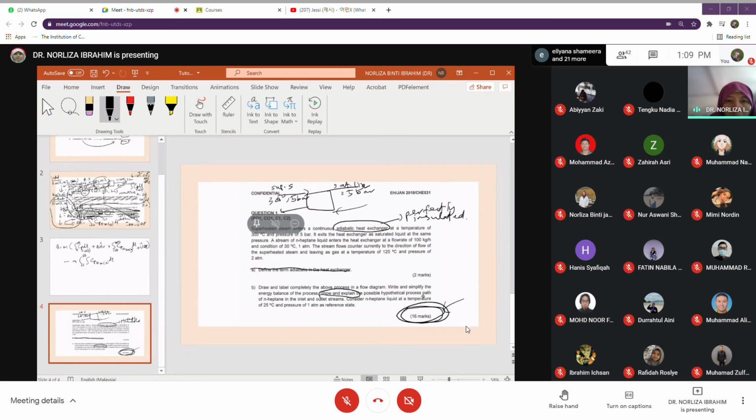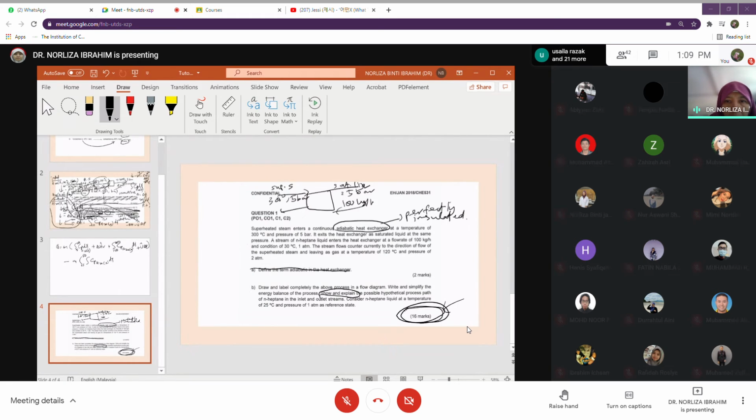The flow is 100 kilogram per hour of N-heptane. The temperature is 30 degrees C, 1 atm, and coming out as gas N-heptane, gas 120 degrees C, 2 atm. Okay. So this one again C1, C2 because there is no calculation also here.